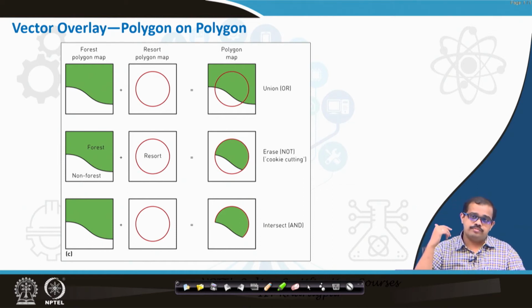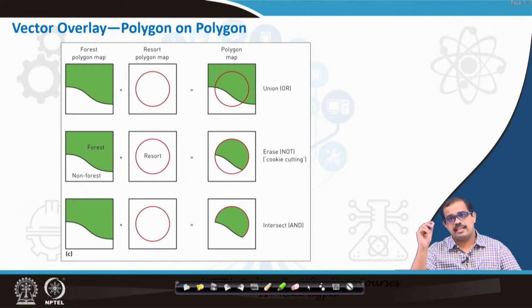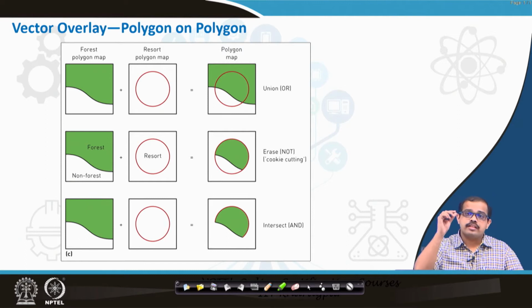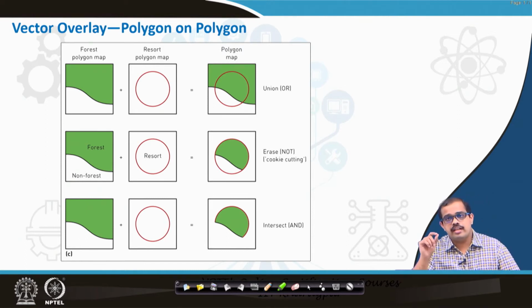Again, a decision maker can easily decide whether that land has to be allotted there or not, as simple as that. So, this is where overlay plays a very important role in giving us important decisions on how these operations can be used for providing directive information.